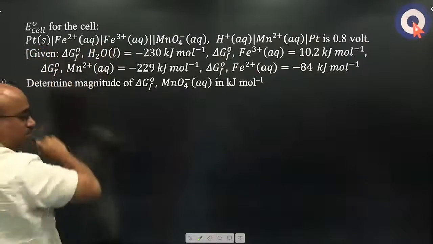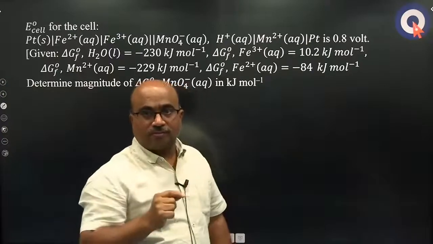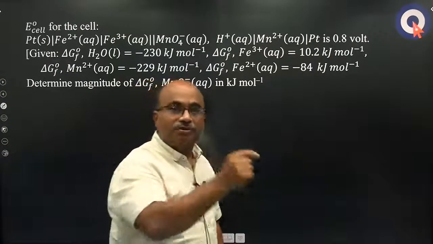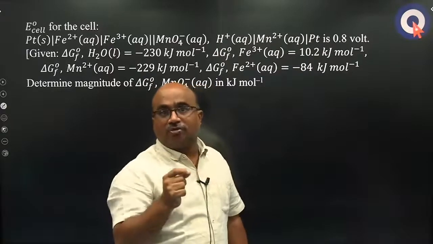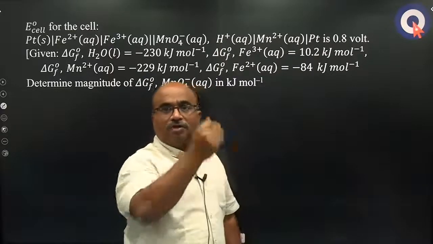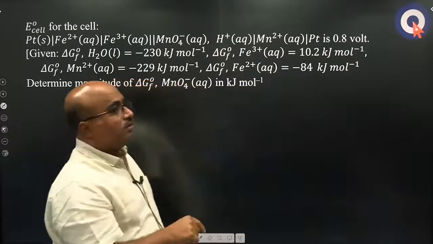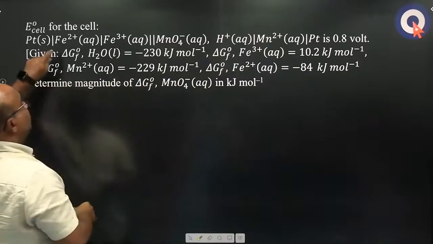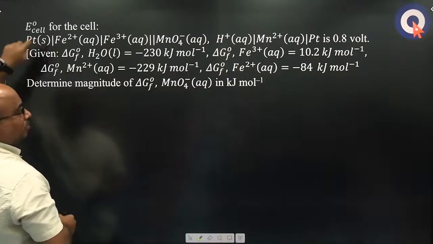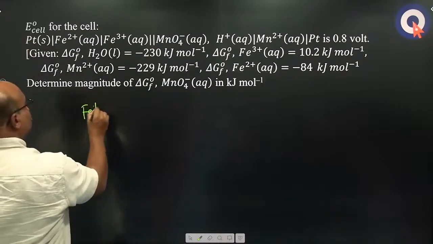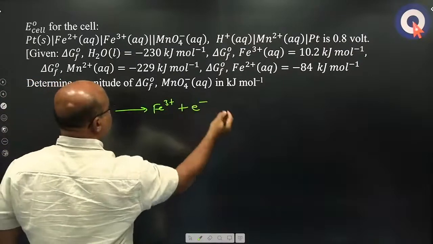If you use an iron rod, then iron may convert as Fe+2, or iron may convert as Fe+3, or Fe+2 may convert as Fe+3. So all these possible oxidations can be there at the anode. To avoid all that, and to only have Fe+2 converting into Fe+3, we are using the platinum surface. So Fe+2 is converting into Fe+3 plus an electron.